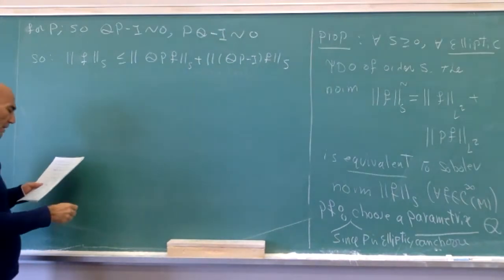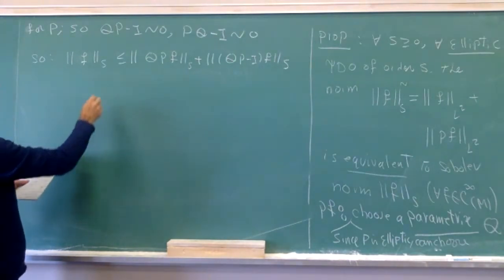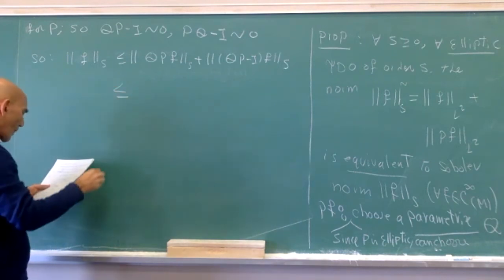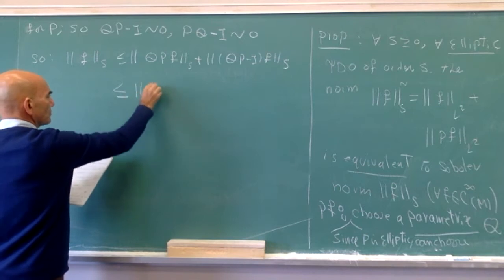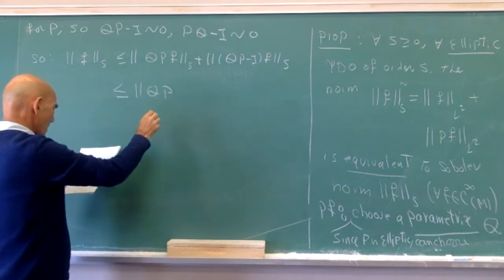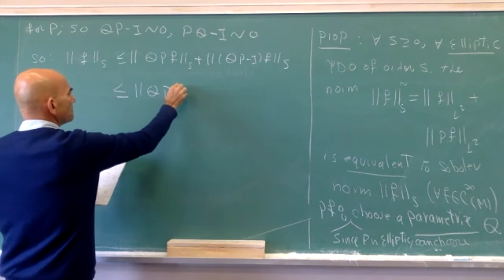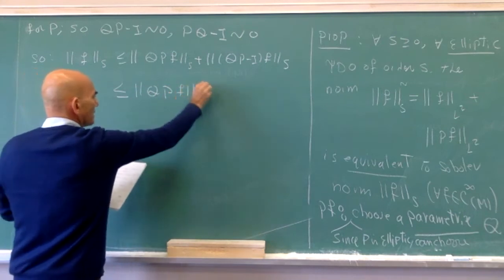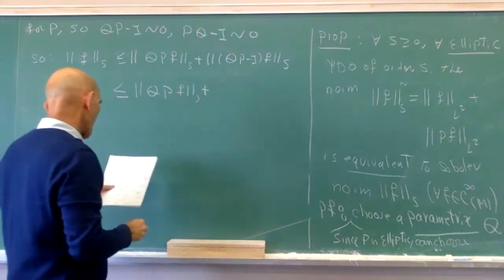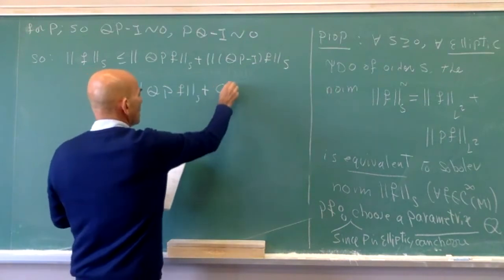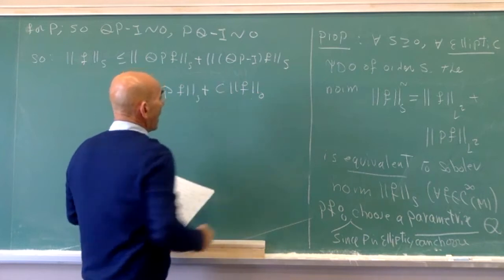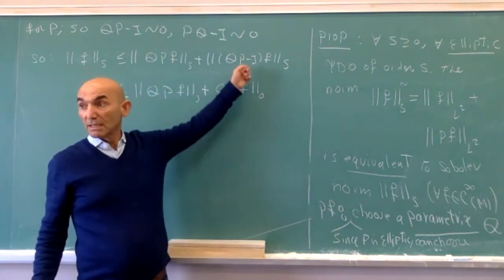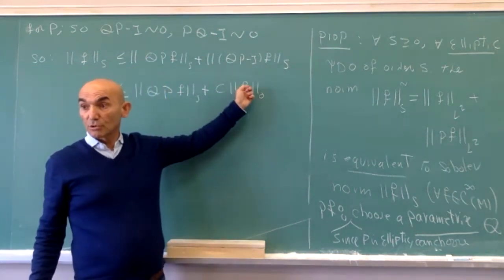So this is less than or equal to norm Q P of F S plus C times norm 0 of F. And this is the crucial inequality.